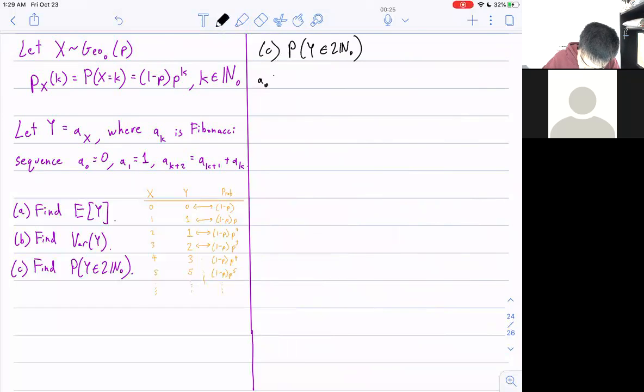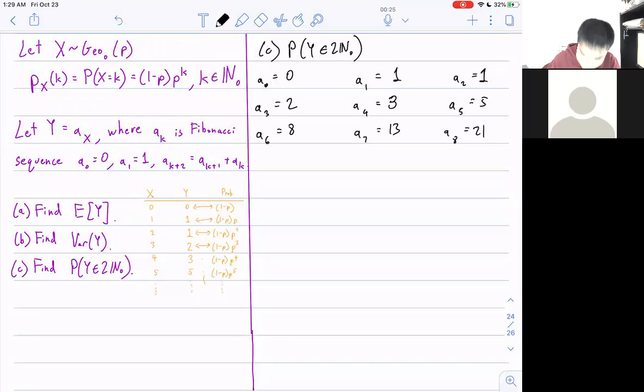So we have a of 0 equaling 0, a of 1 equaling 1, a of 2 equaling 1, a of 3 equaling 2, a of 4 equaling 3, a of 5 equaling 5, a of 6 equaling 8, a of 7 equaling 13, a of 8 equaling 21.